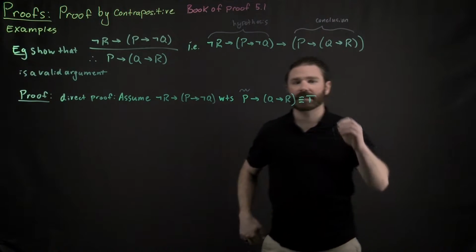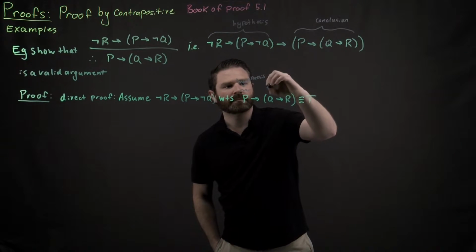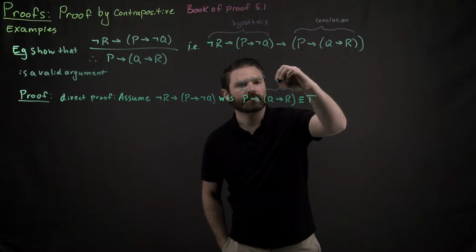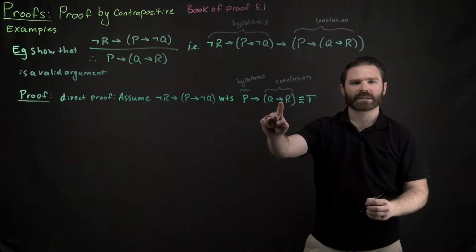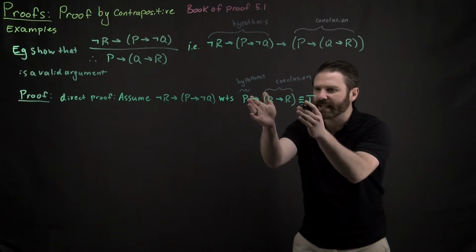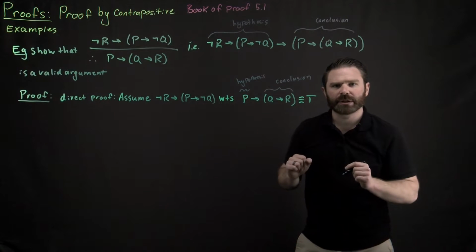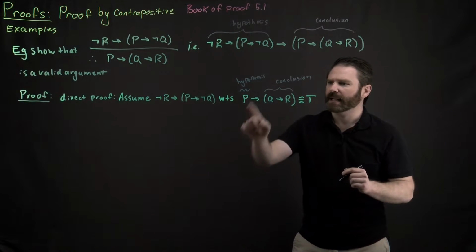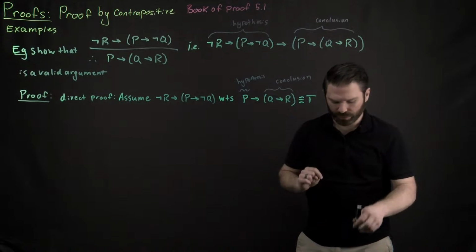So I am now looking at this expression, and I see that I have this P as my hypothesis, and I have Q implies R as my conclusion. So now I'm focusing just in on this statement, and I want to show that it's true. Here again, I'm going to use a direct proof technique, and assume my hypothesis and try to show that my conclusion is true.